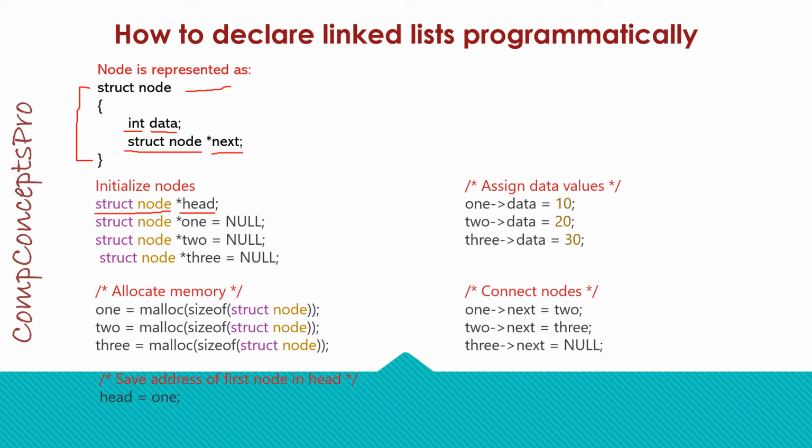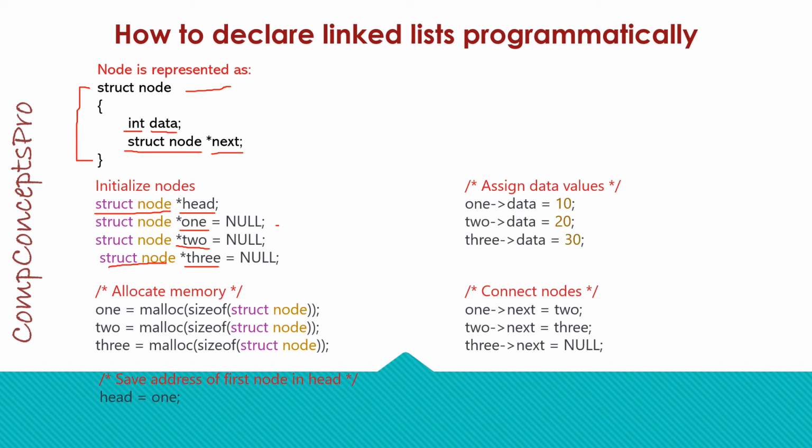Then come the individual nodes. These are also defined as pointer variables: node 1, node 2 and node 3. These are all struct nodes because they are the nodes of the linked list. And initially we are storing the value null in these nodes. Then how to allocate the memory for these nodes?